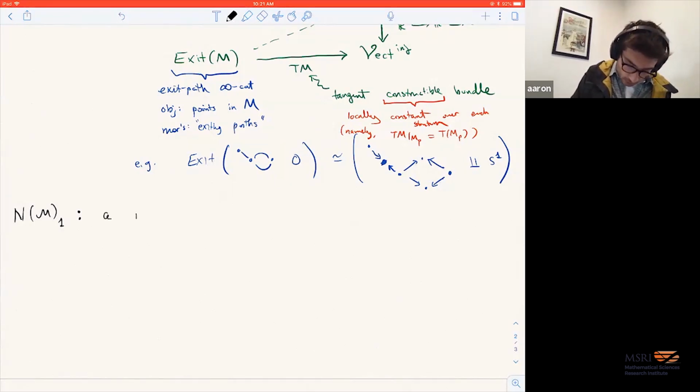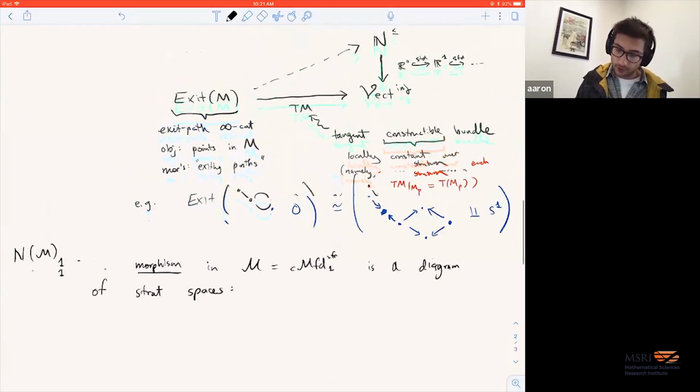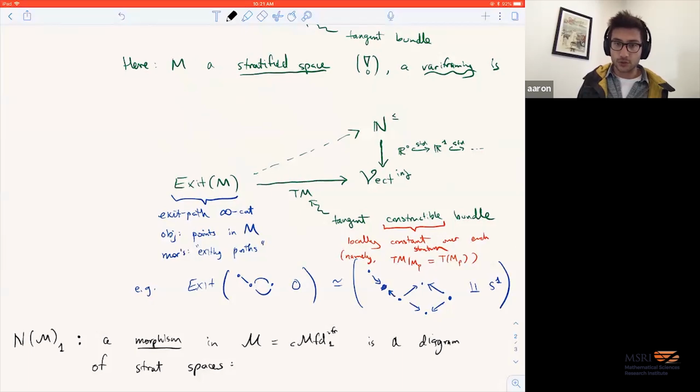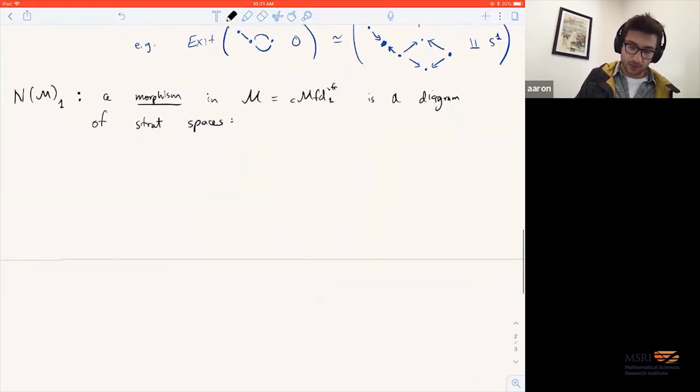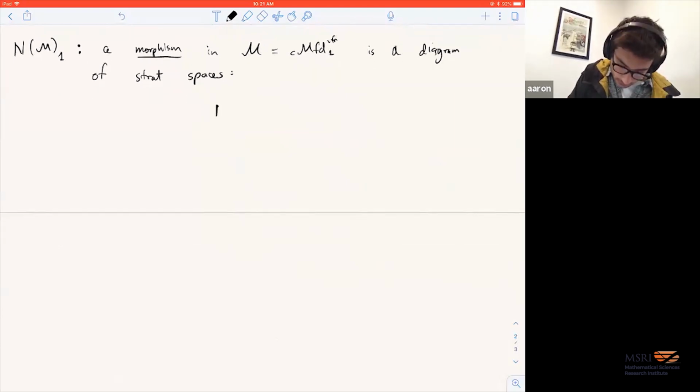So a morphism in M, again, that means C, MFD, VFR1, is the data of a diagram of stratified spaces. Again, something that I have not quite defined, but in these low dimensions, it's not so crazy. It's a diagram as follows.